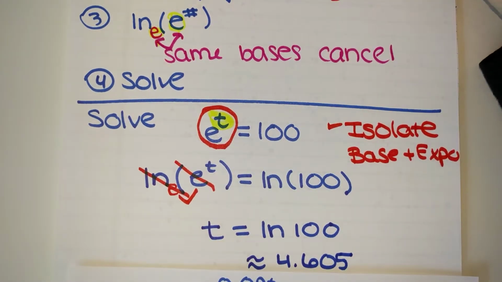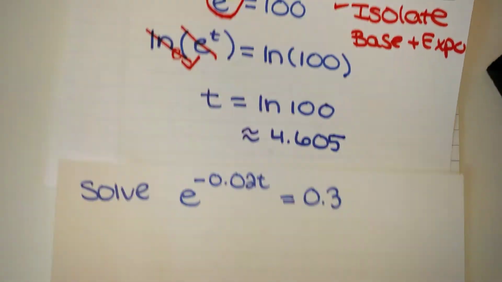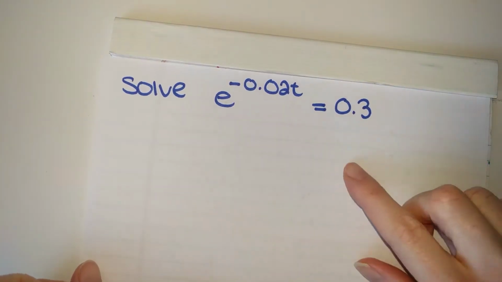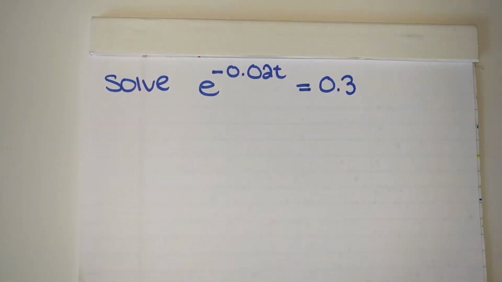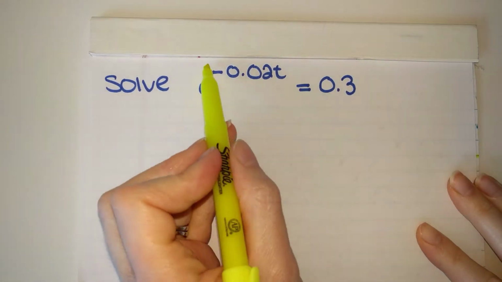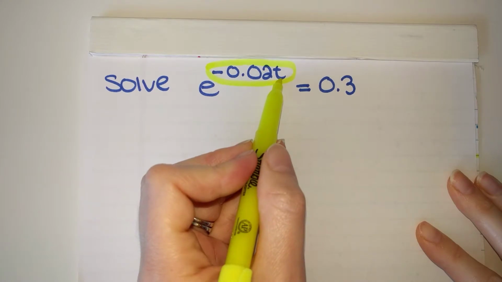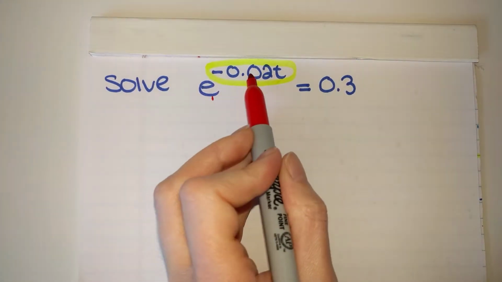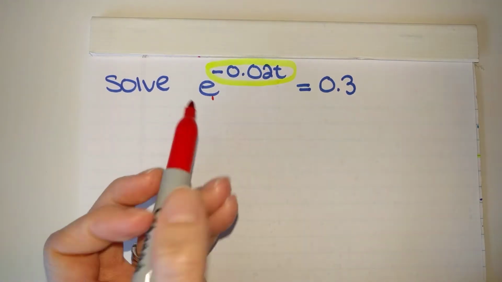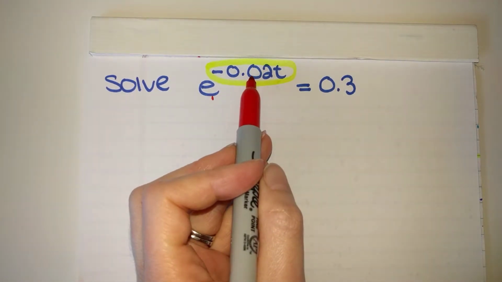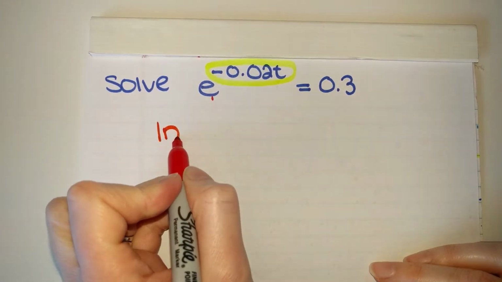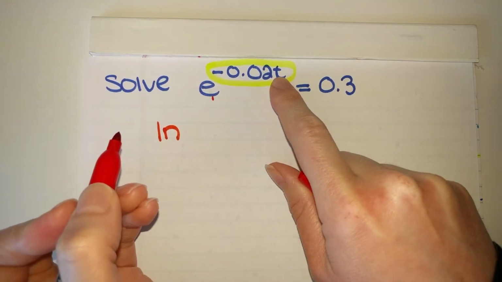All right, let's look at a slightly more complicated question, where we have e to the negative 0.02t is equal to 0.3. Again, the first observation is that my variable is in the exponent. So that means I want to isolate the base plus the exponent. Here our base is e, the exponent is negative 0.02t, and that is isolated. So my next step is to figure out a way to get this t out of the exponent.